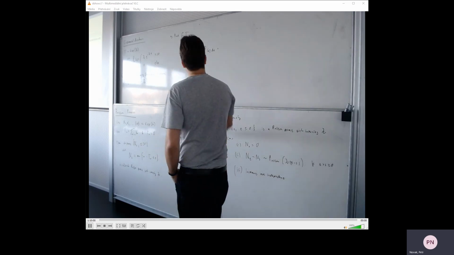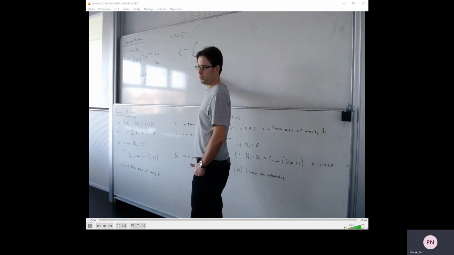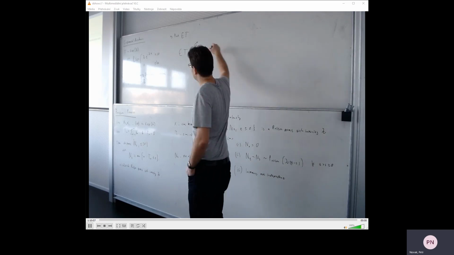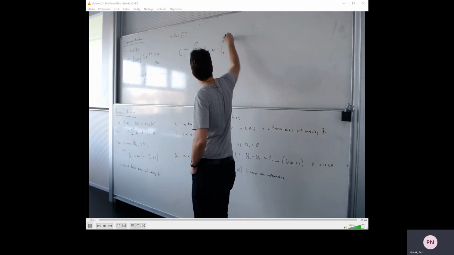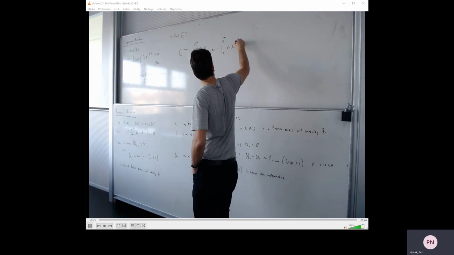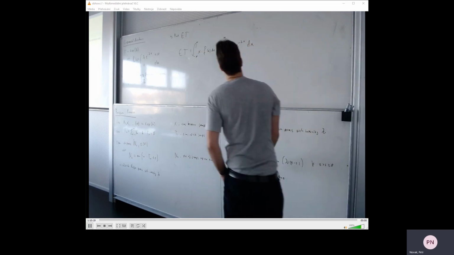Here the density is 0 below 0, so we take just the above part: the integral from 0 to infinity of x times lambda e to the power of minus lambda x dx.